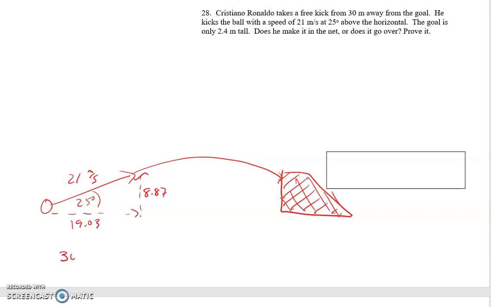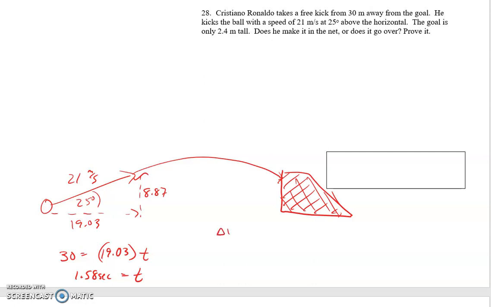So you can take your range and divide it by your x velocity to get the time it takes the ball to get to the goal, and that's 1.58 seconds. Then you know that time, you need to find the height. If the height is less than the 2.4 meters, then it goes in. If it's more, then it goes over.